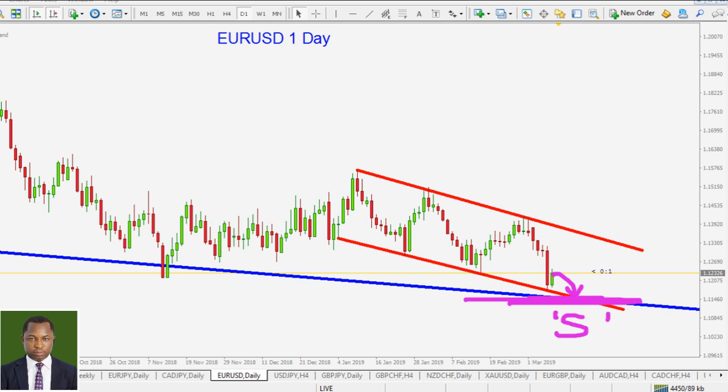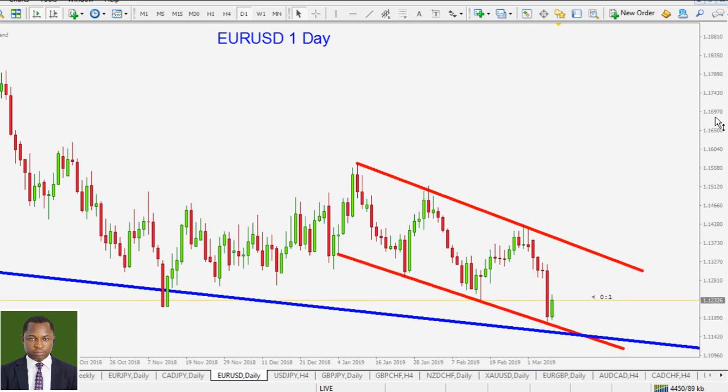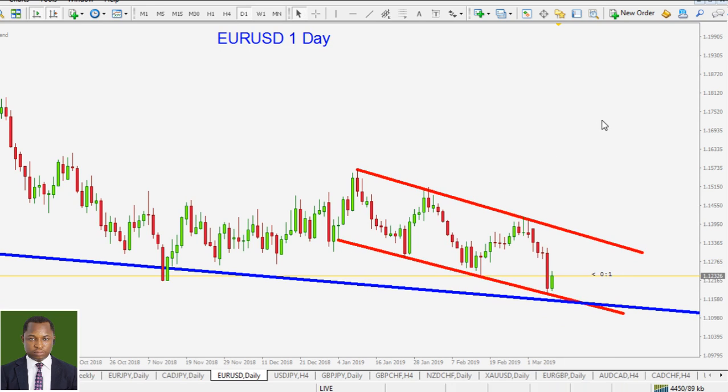If we want to go short, then the best decision is to wait for price to close below that level. That is when we'll begin to search for short opportunities. For now, all eyes around this zone, looking for possible price action of a bounce to the upside. That is what we are all waiting for now. Let's see if we are going to get a nice price action off that level.